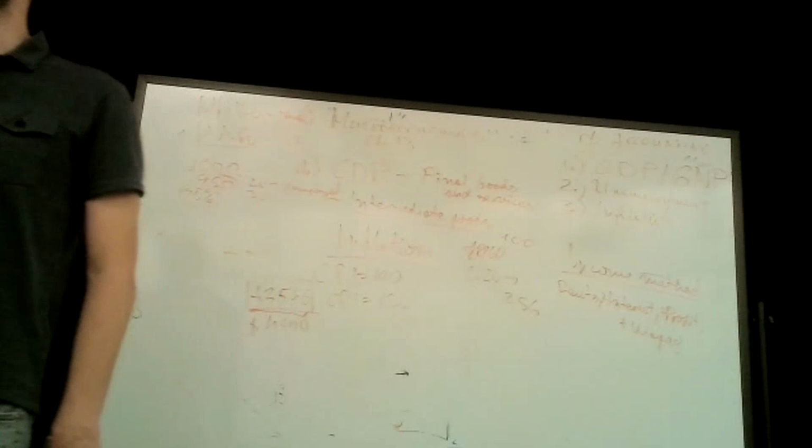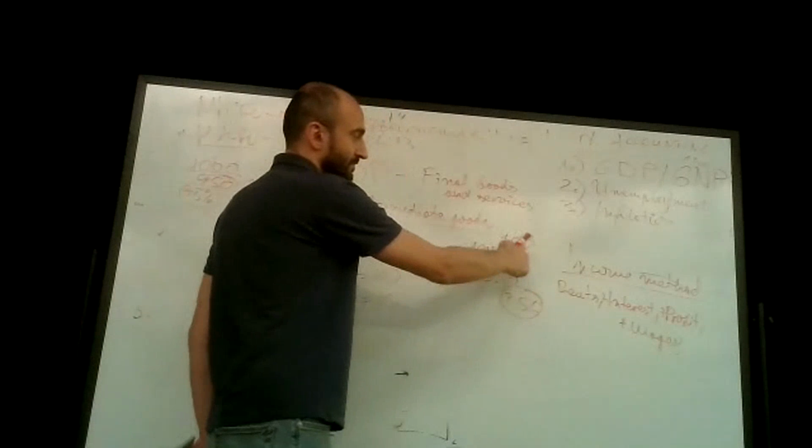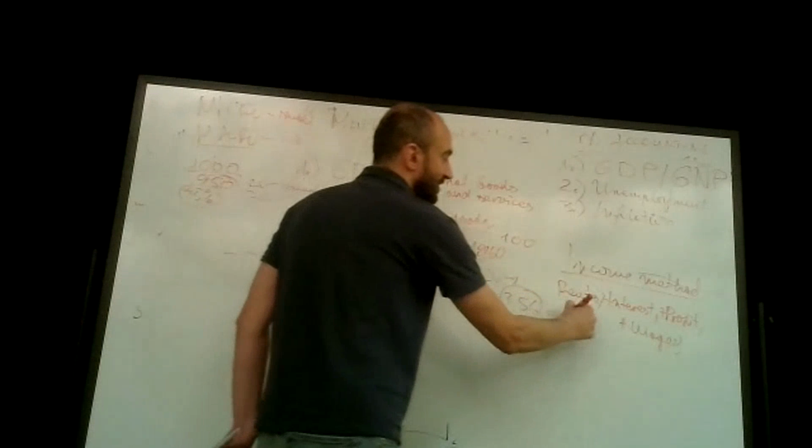Then you would have a 156% increase in the price level. So this figure here is called the GDP deflator.